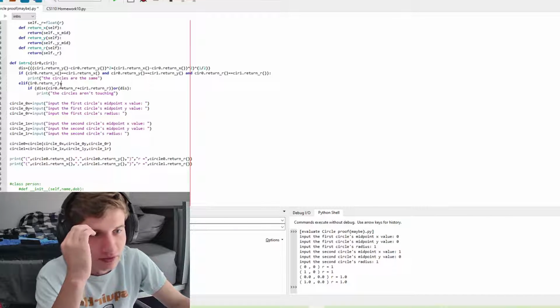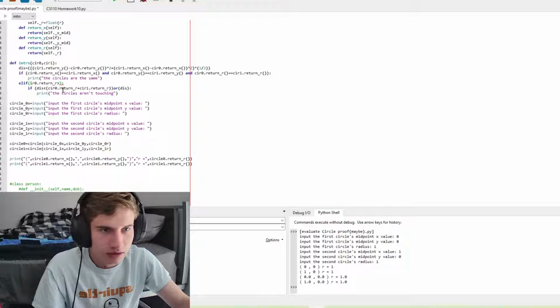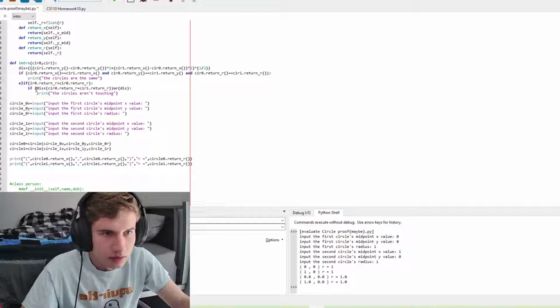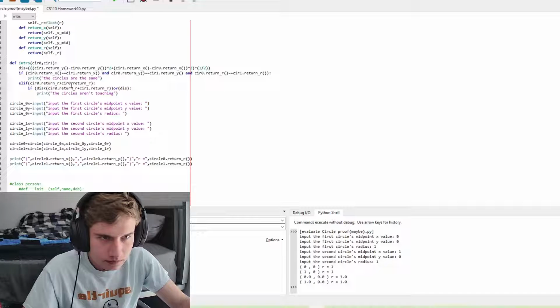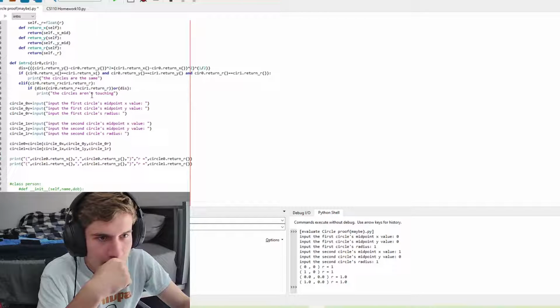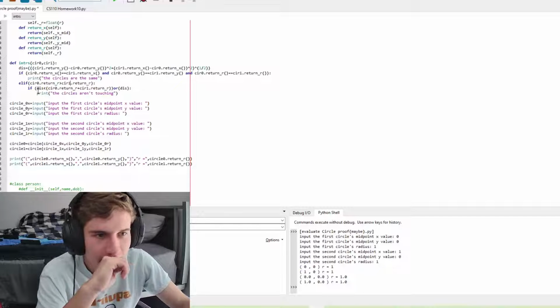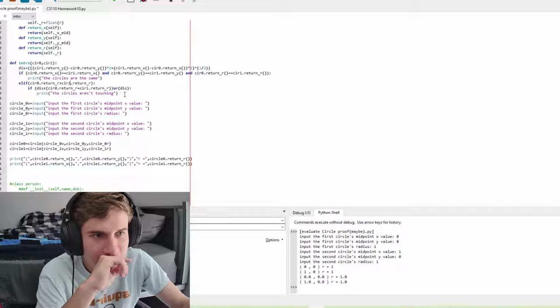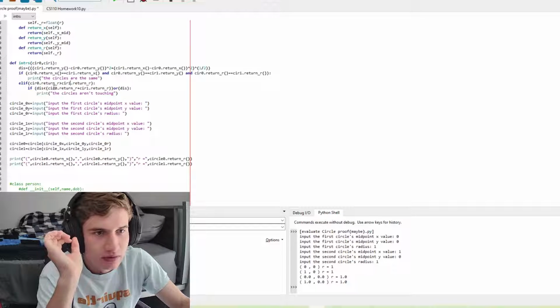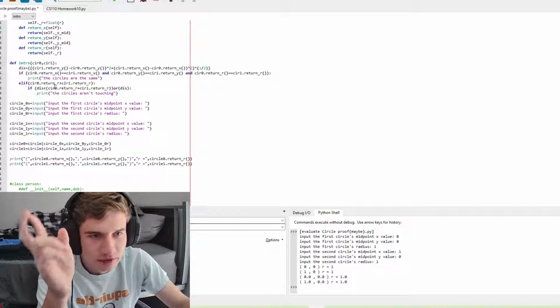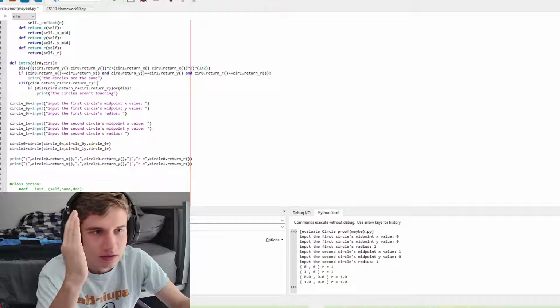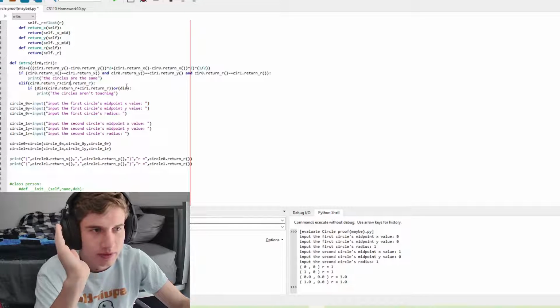Okay, so if this is greater than the distance of the first, no. The radius of the first is bigger than the second. So the first one would be the bigger one.